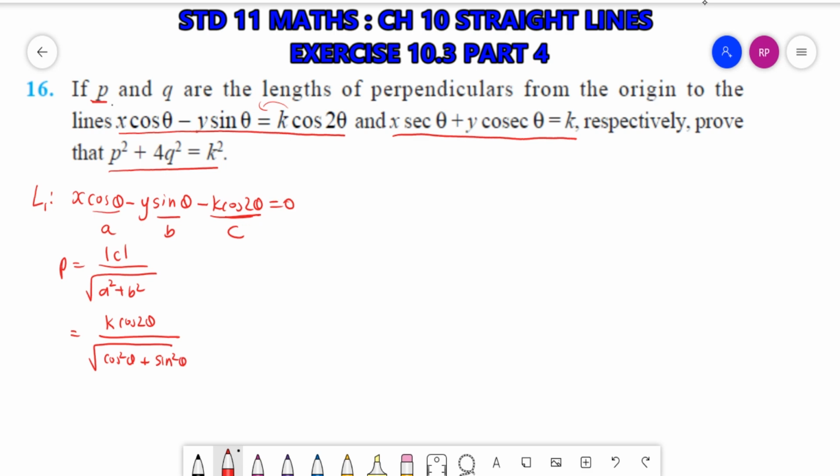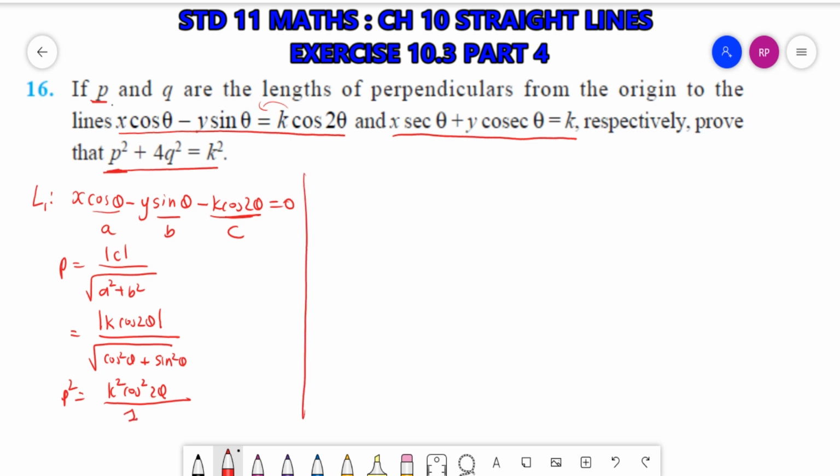Okay, so it's k cos 2 theta upon under root of cos square theta plus sin square theta. Okay, I can actually convert modulus. But as we need to take p square, so p square will be equal to k square cos square 2 theta, and under root of cos square theta plus sin square theta, that is 1, so it's 1.